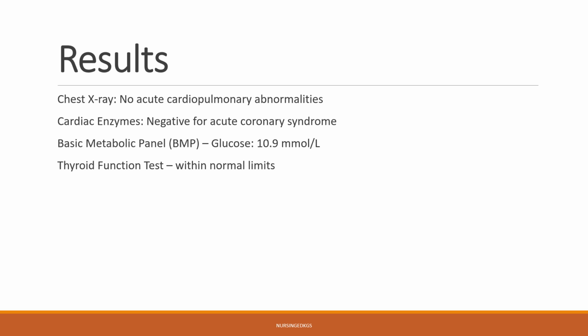And as I mentioned before, uncontrolled diabetes can contribute to the onset or exacerbation of atrial fibrillation because high blood sugar levels increase your risk for cardiovascular complications. And that's just something to think about, especially if Sheila does get discharged.